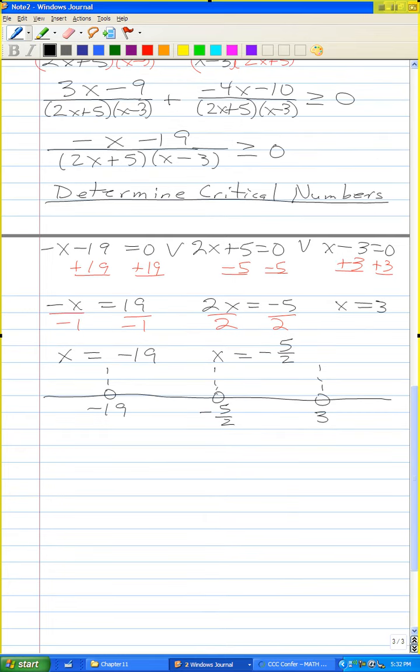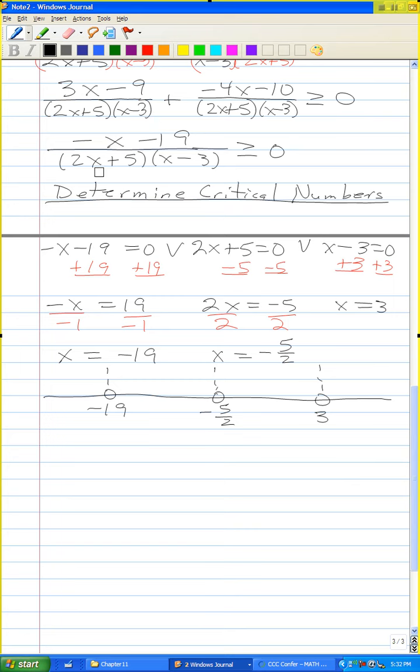Okay, so let's take a number between negative 5 over 2 and 3, 0. The sign of negative x minus 19 at 0 is negative. The sign of 2x plus 5 at 0 is positive. The sign of x minus 3 at 0 is negative.